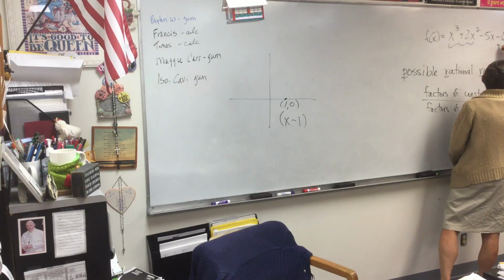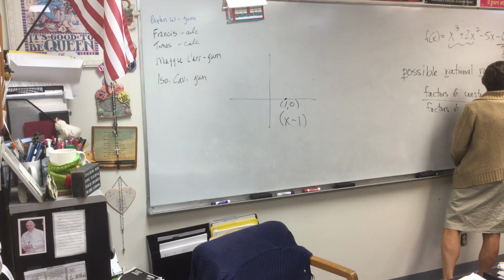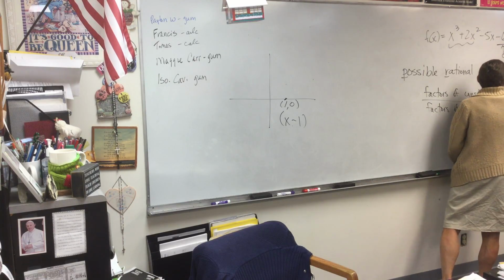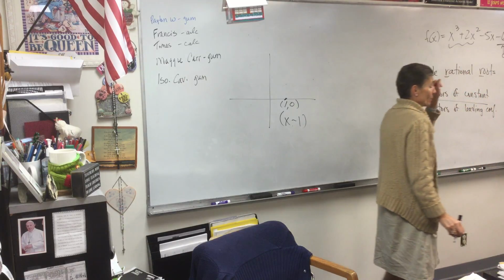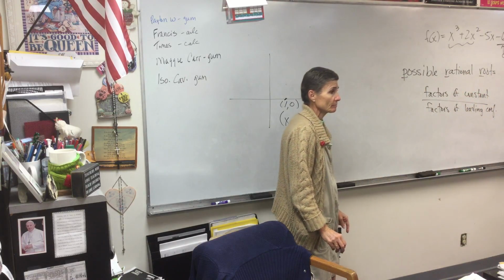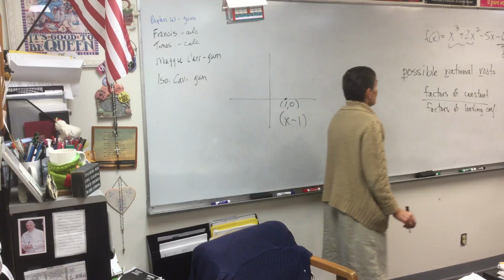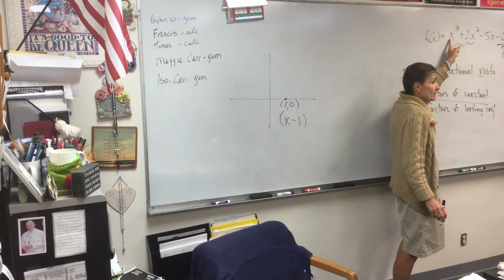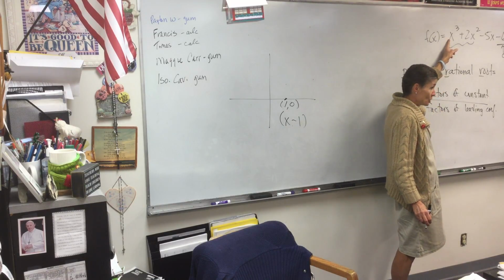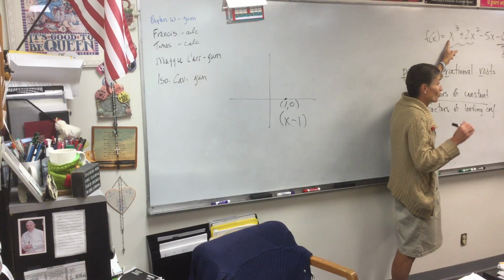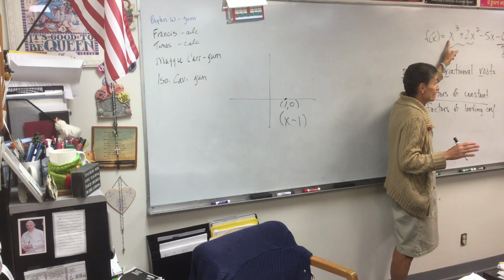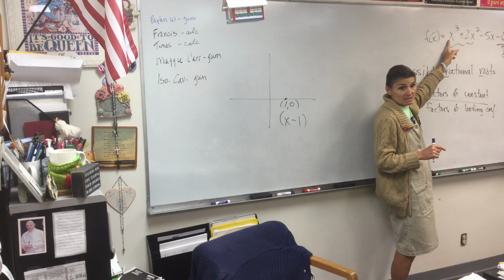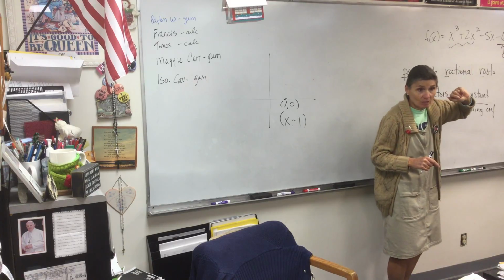This number at the end with no variable is called the constant. The plain number is called the constant. The number in front of the x cubed or the x to the fourth or whatever the biggest power is, the number in front of the biggest power is called the leading coefficient.